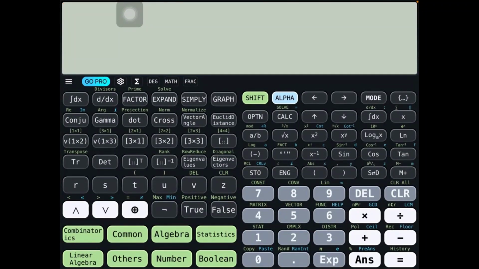Para ma-type na po natin yung sine inverse, katulad po tinuro ko nung first week natin. Shift, sine, and then 1/2. Then the answer is 30 degrees. Ulitin ko po, shift, sine, then 1 over 2, then equal sign, then that is 30 degrees.